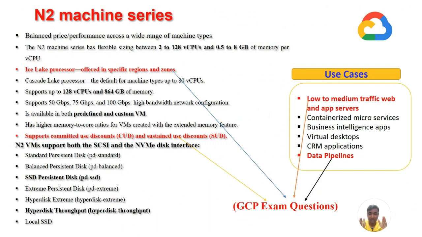NVM refers to a type of computer memory that retains data even when the power is turned off, in contrast to volatile memory like RAM, random access memory. Guys, as you can see here, I have pointed out all the points for your GCP examination questions. I hope it will be helpful for your GCP exam.